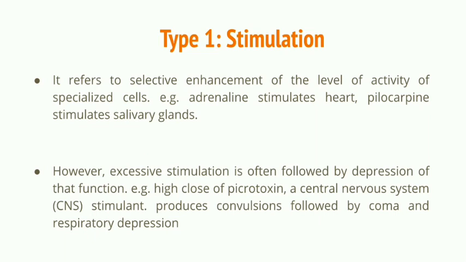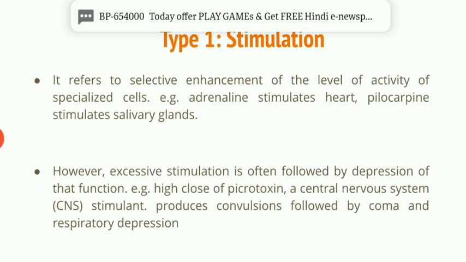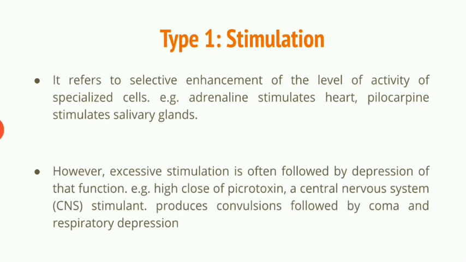Like adrenaline stimulates the heart, pilocarpine stimulates salivary glands, and there are so many examples of stimulation. However, excessive stimulation is often followed by depression of that action. For example, a high dose of picrotoxin, a central nervous system stimulant, produces convulsions followed by coma and respiratory depression.